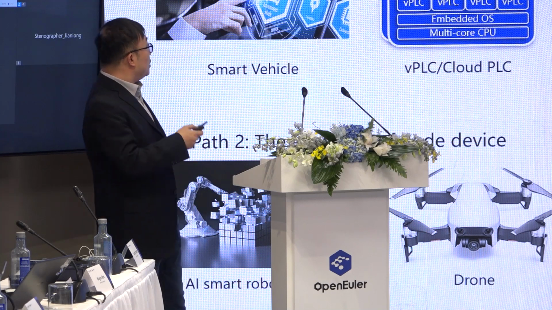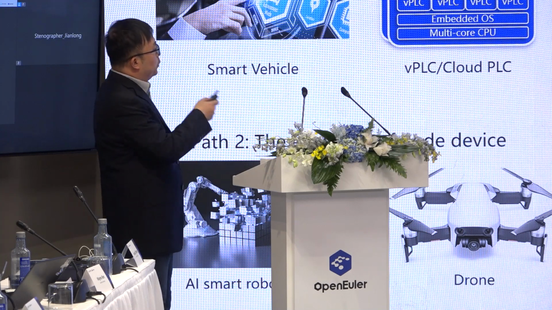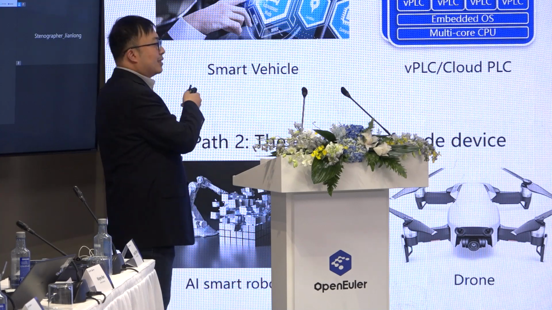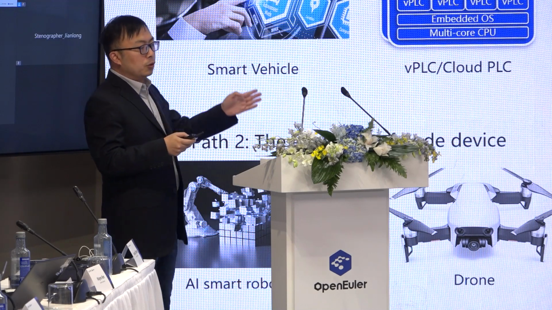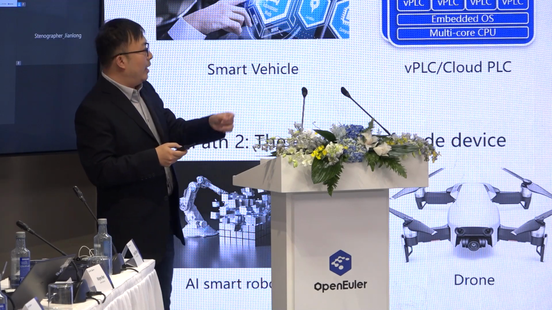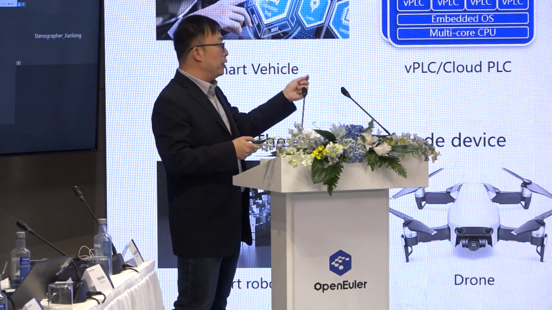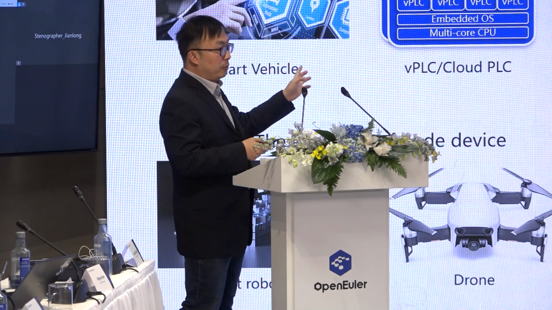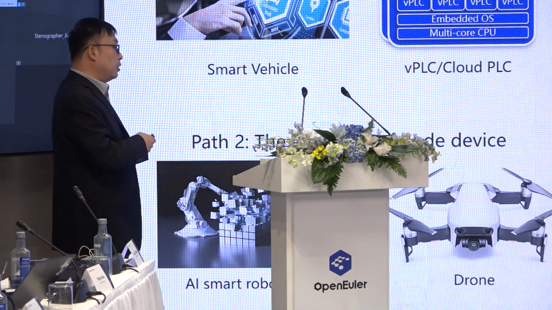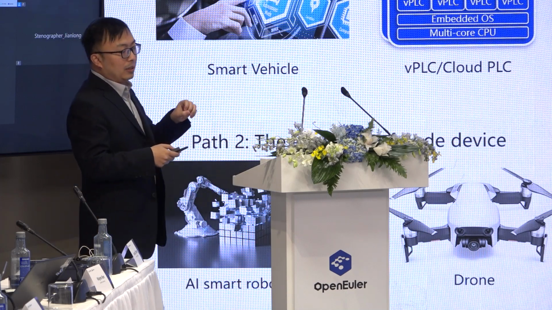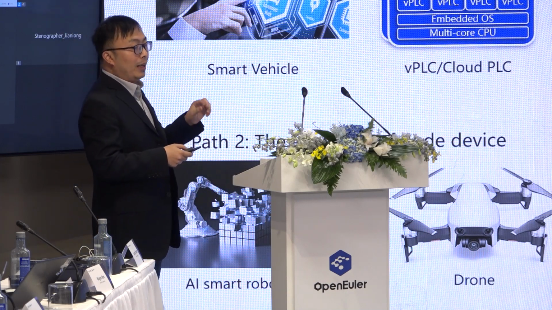So this is a trend. One trend is from distributed to centralized. A good example is smart vehicles, from ECUs to domain controllers to central controllers. We also find it in industrial areas like the idea of vPLC and cloud PLC. And we also find it in node devices because node devices are becoming more and more complex, right?